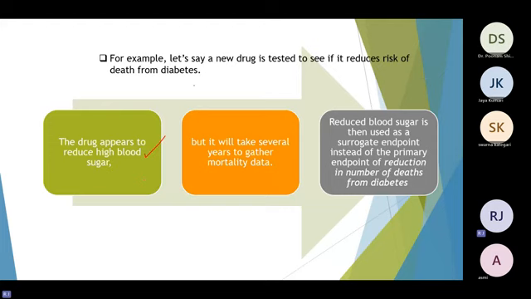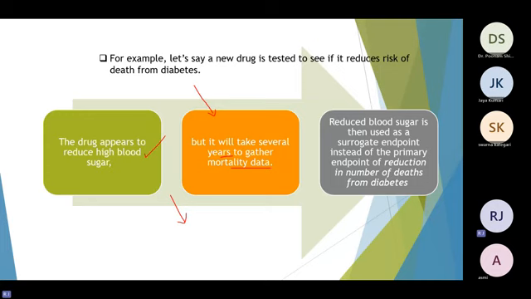Okay, but to check whether our drug is going to reduce the mortality or not, it will take years, right? Then we have to see how many subjects are alive and how many subjects died, right? It will take years to know. We cannot have that as the primary objective, right? And we cannot have that as the primary endpoint.